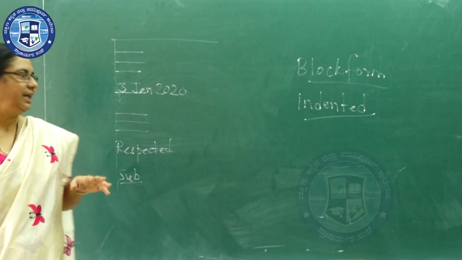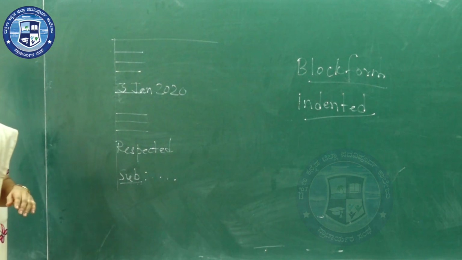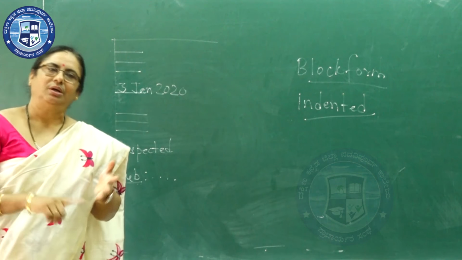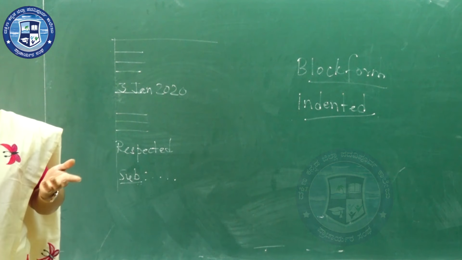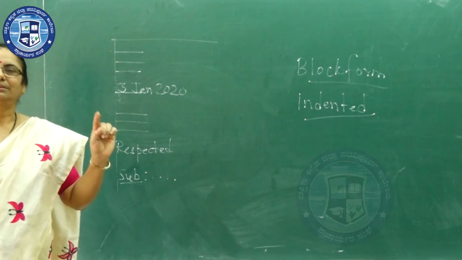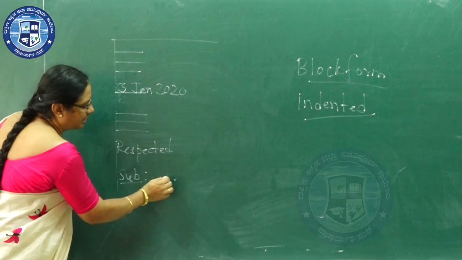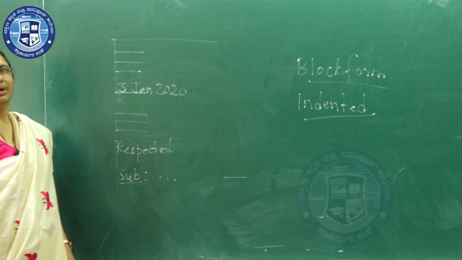The subject of the letter is application for the post of whatever. It may be junior assistant, it may be teacher, it may be the clerk, it may be a manager, any post that they have asked for when you understand it as you read the question. So here it would be subject, application for the post of dash.